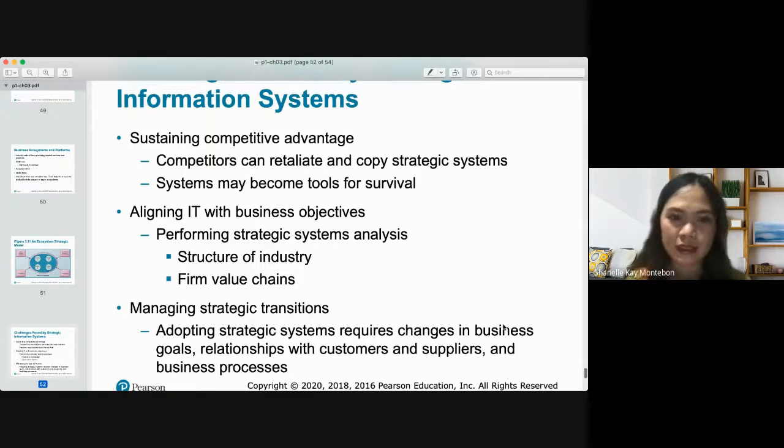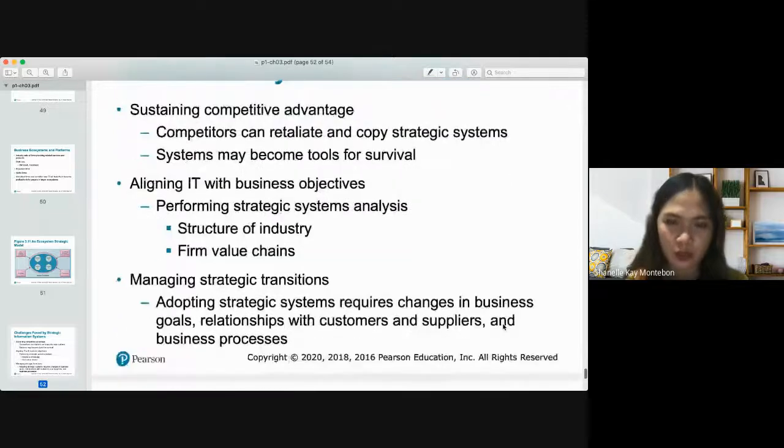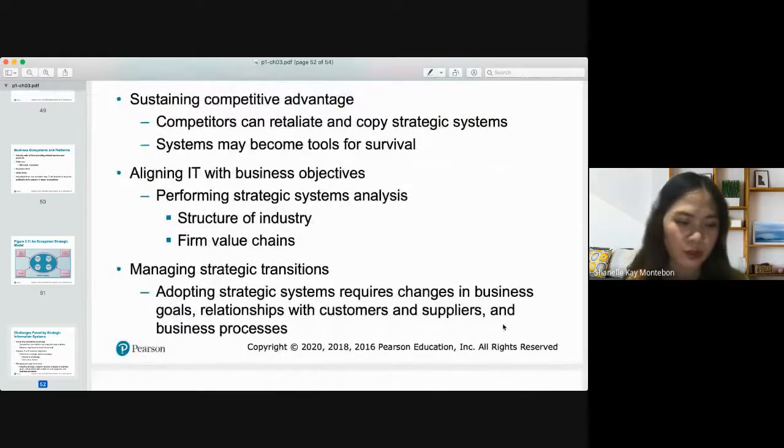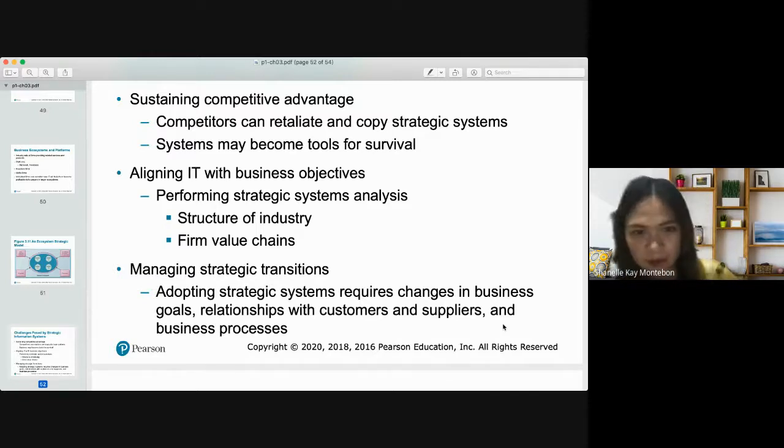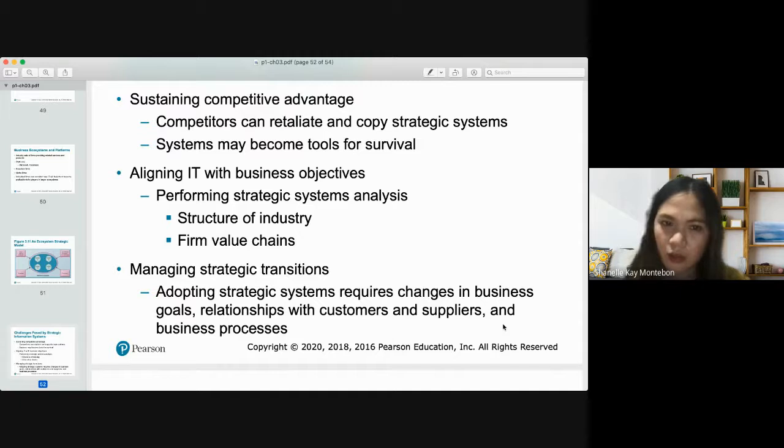Next is aligning information technology with business objectives. To align with the business and use information systems effectively for competitive advantage, managers need to perform strategic systems analysis, including the analysis of the structure of the industry and the firm value chains. And lastly is to manage strategic transitions.